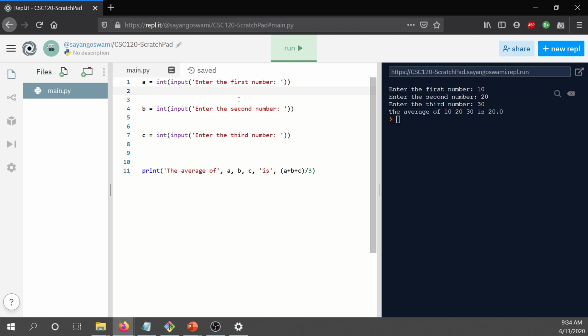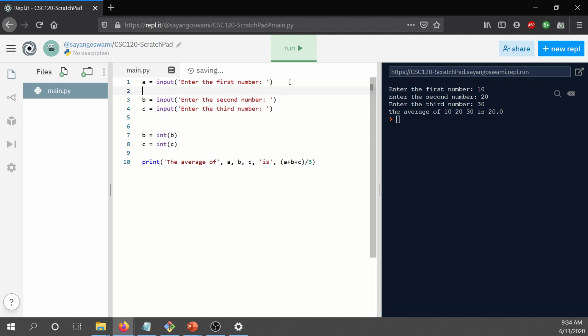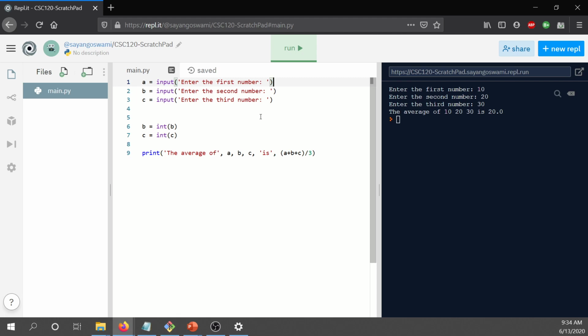One last thing about input. Let me go back to the previous approach that we had. One other way of doing this is as follows. Instead of prompts like enter first number, enter second number, enter third number, in some situations you could do something different.